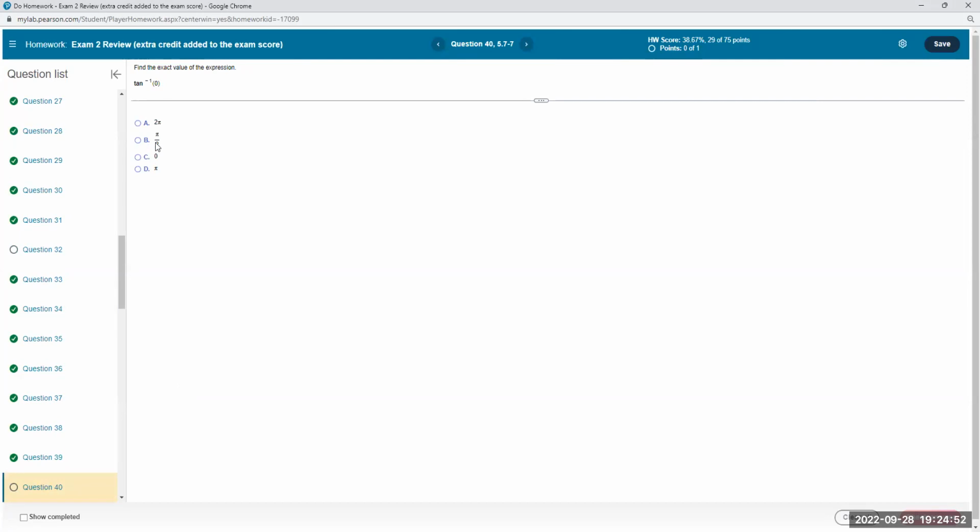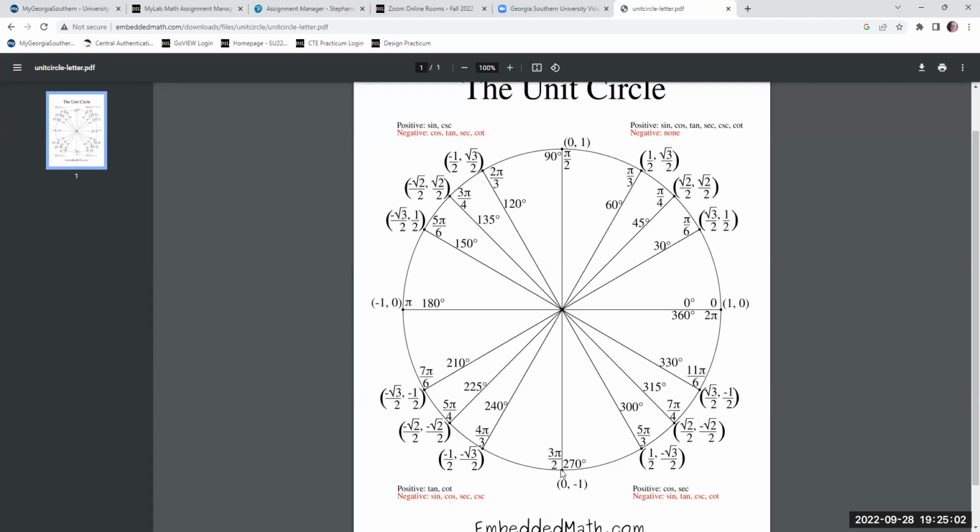Well, remember, pi is outside of the range. The range has to be from negative pi over 2 to pi over 2. So if you look at the unit circle here, down at negative pi over 2, as you go around, the only way you can get tangent equal to 0 is if y is 0 and x is 1. So that angle is 0.